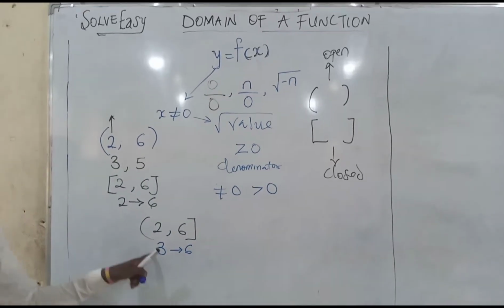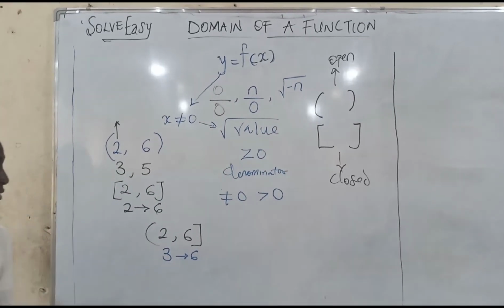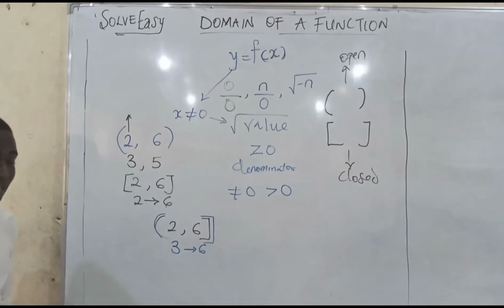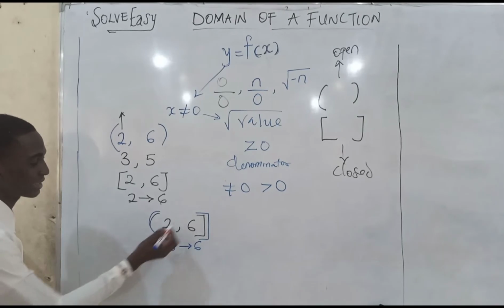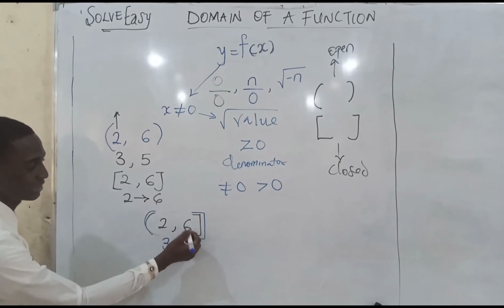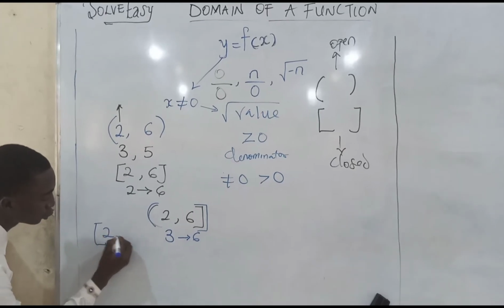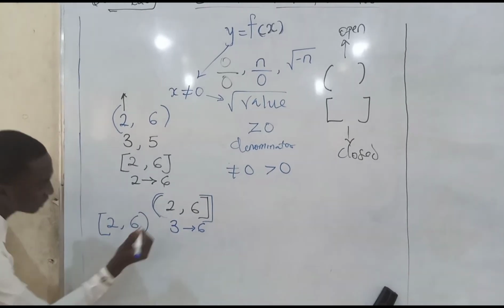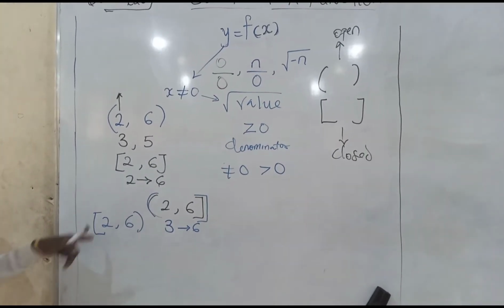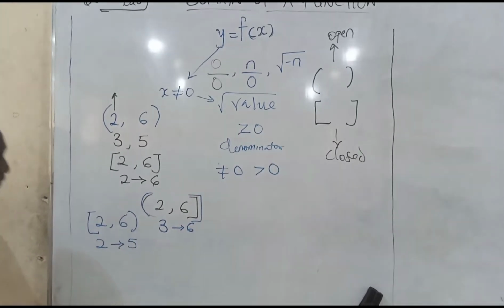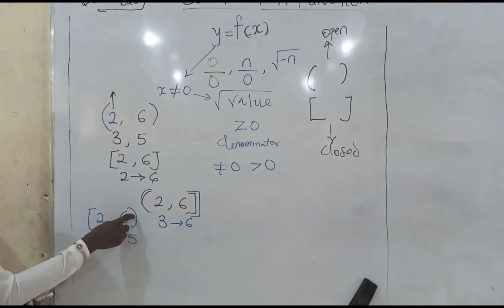So the numbers here are 3 to 6. Remember, here is an open bracket, here is a closed bracket. So since it's an open bracket, it starts from 3 and it ends in 6. So if I'm to have 2, 6 the other way round, this means that the number starts from 2 and ends in 5, because here I'm having an open bracket.